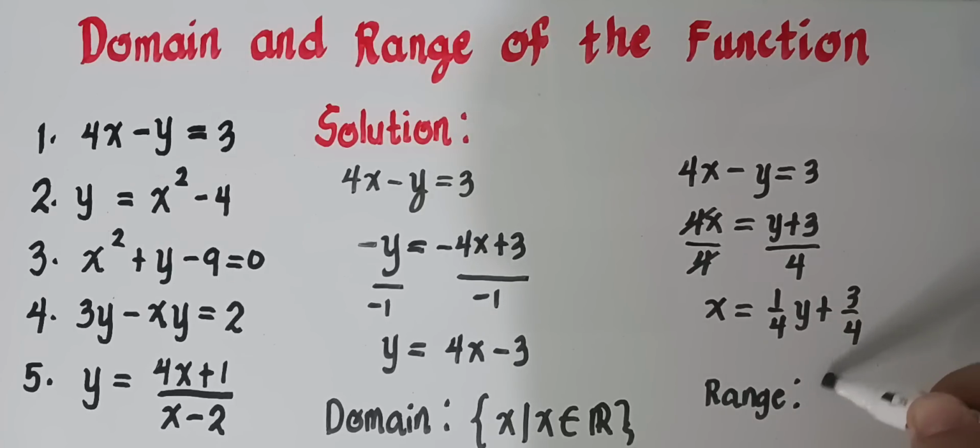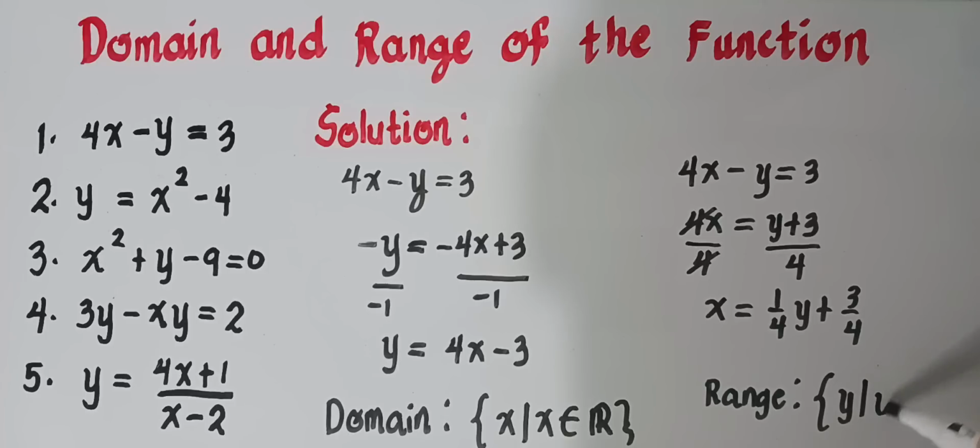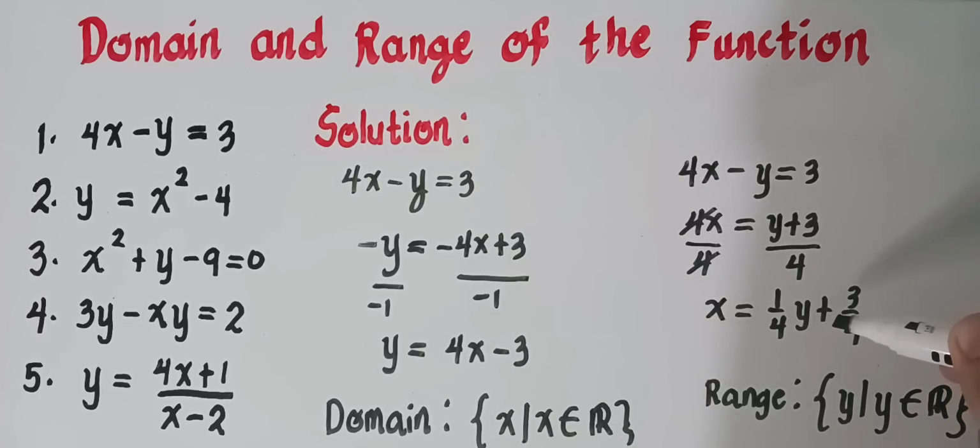Ang range natin ay y, such that y is an element of all real numbers. So, kahit anong value ni y ang isa-substitute natin dito, so, wala namang restriction. So, pwede maging value nun. Okay? Next, number 2.